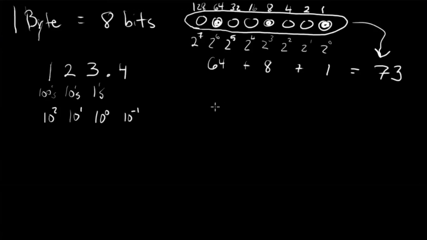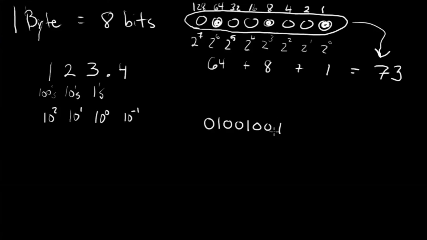Let's suppose that I wrote it in number form instead of in visual form. Let's suppose I wrote the number 01001001. Okay, so there are 8 digits here. It should usually be 8 digits that they write out.